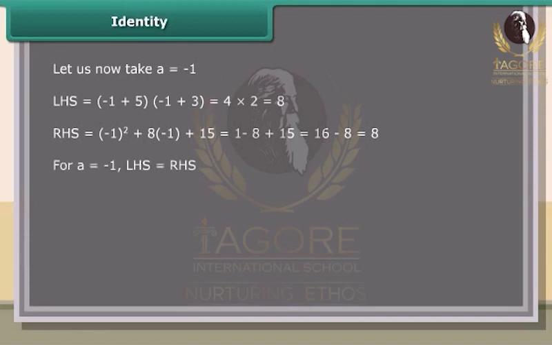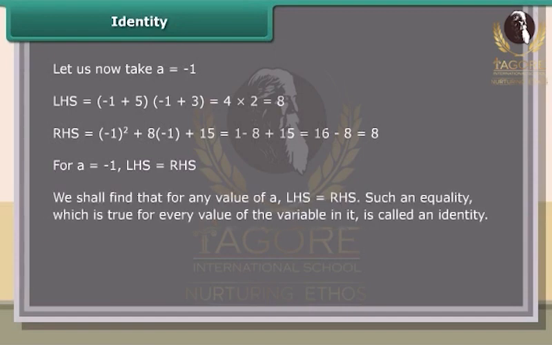For a equal to minus 1, LHS is equal to RHS. We shall find that for any value of a, LHS is equal to RHS. Such an equality, which is true for every value of the variable in it, is called an identity. Thus, (a plus 5) into (a plus 3) is equal to a square plus 8a plus 15 is an identity.